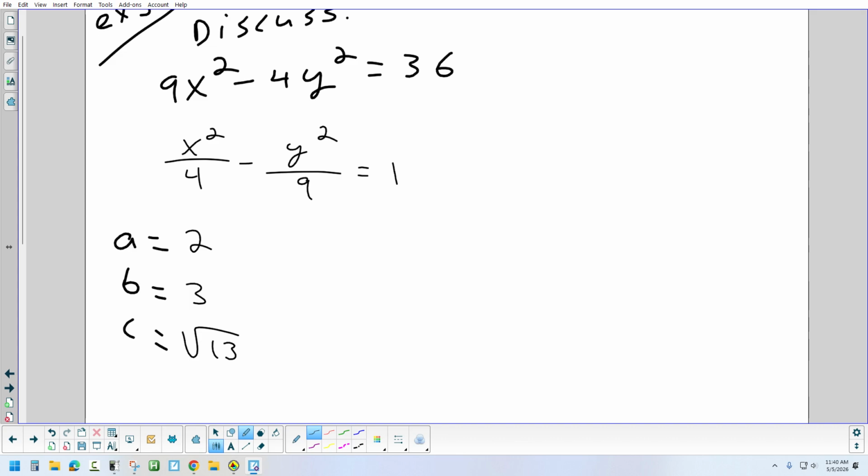All right, 5 things. Let's start with the center. Where's my center? Yeah. 0, 0. What is the direction of the transverse axis? Horizontal, because the x is positive.